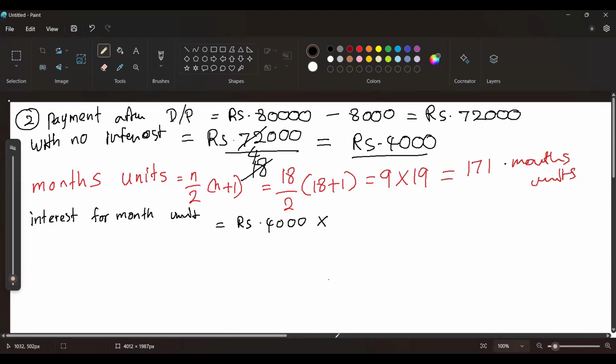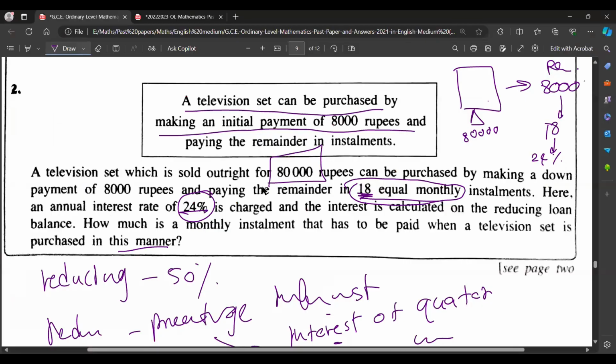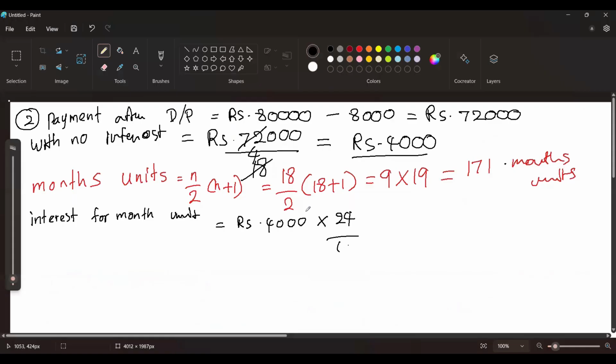The annual percentage given is 24%. Annually means 12 months, so for 1 month you divide that value by 12. 24 divided by 12 is 2 percent. 4,000 into 2 percent is 80 rupees for 1 month unit.